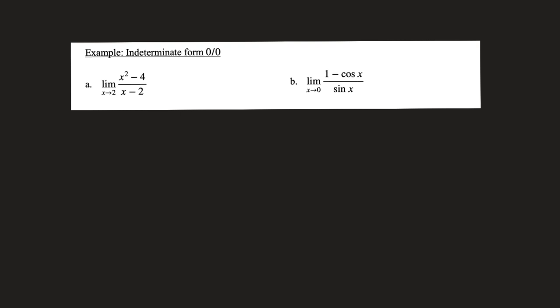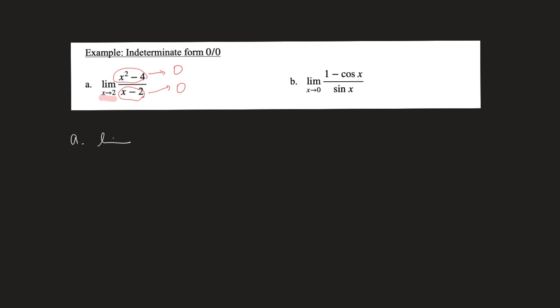Let's start the examples with the 0 over 0 indeterminate form. First, you have to check that this is a 0 over 0 form. As x approaches 2, this one goes to 0: 2 squared minus 4 equals 0. This one goes to 0. In that case, we can use L'Hopital's rule.